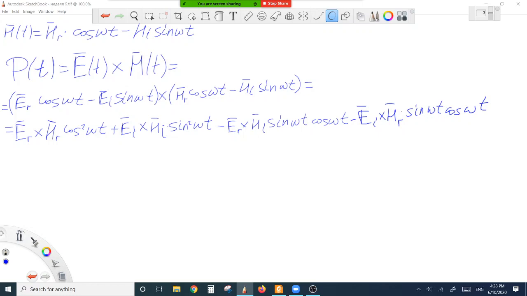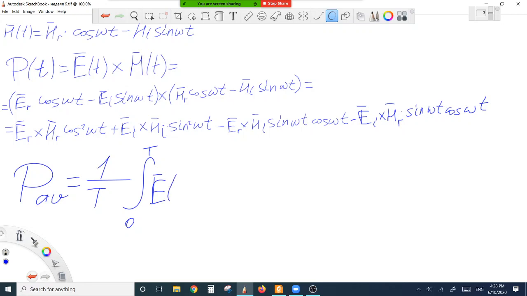And now the time averaged Poynting vector is 1 over T integral from 0 up to T of E(t) cross H(t) dt.